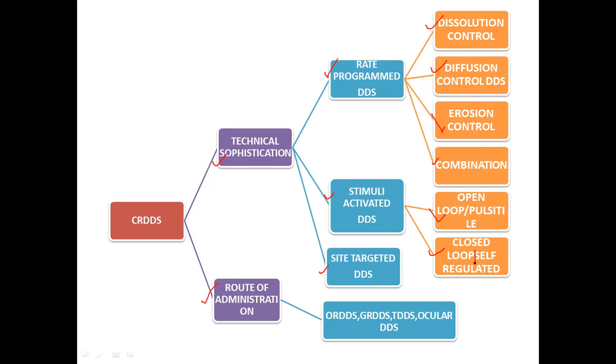And the closed loop, which we call a self-regulated drug delivery system, or feedback regulated drug delivery system. In this, the information about the control variable is detected as a result of the system's output, which is adjusted accordingly.